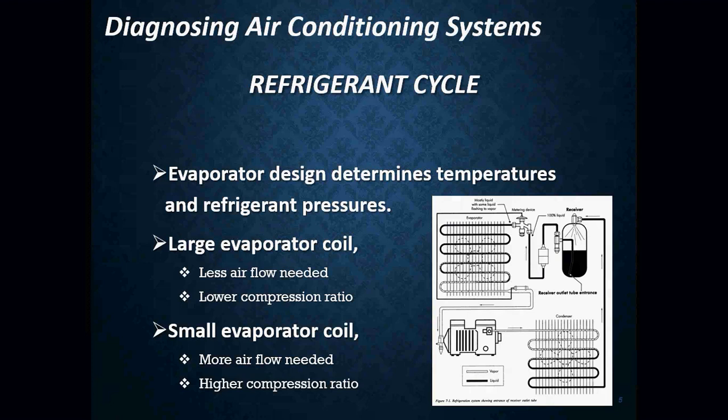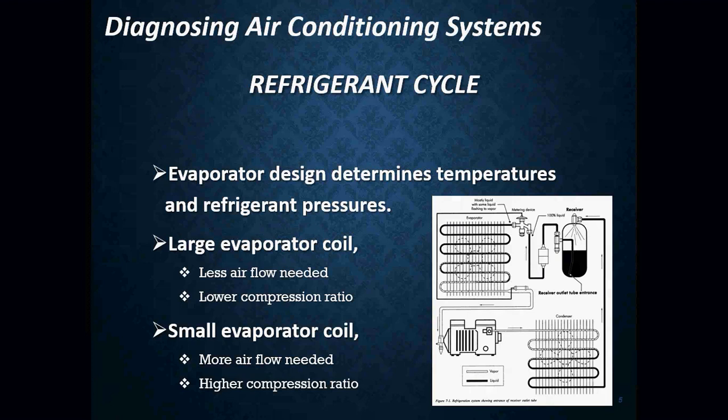Okay? The larger and more efficient the coil, the less temperature difference between the coil and entering air temperature. This causes your evaporator pressures to be higher and more efficient AC units. This changes the latent and sensible ratio of the evaporator.